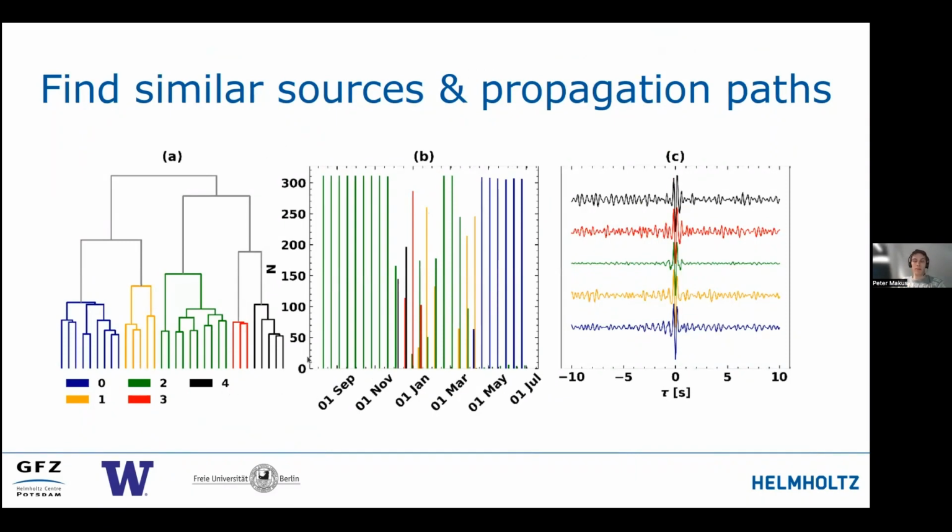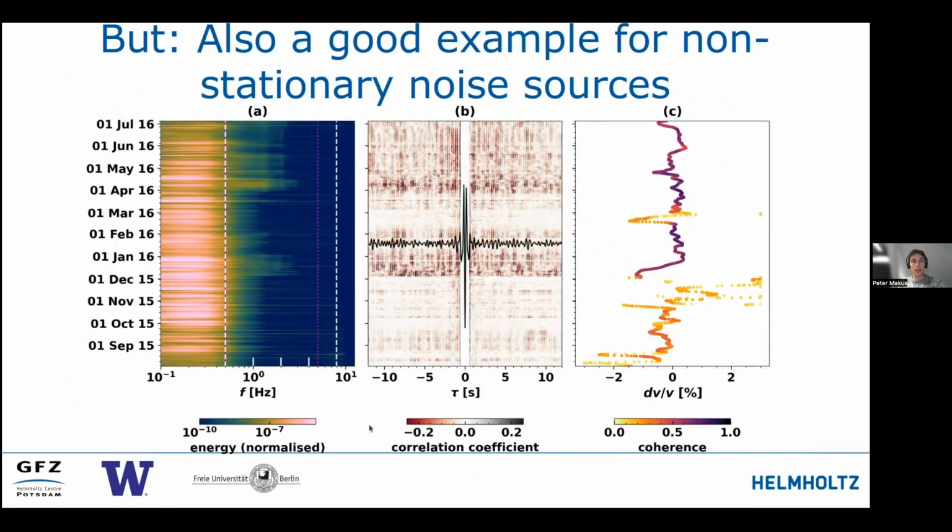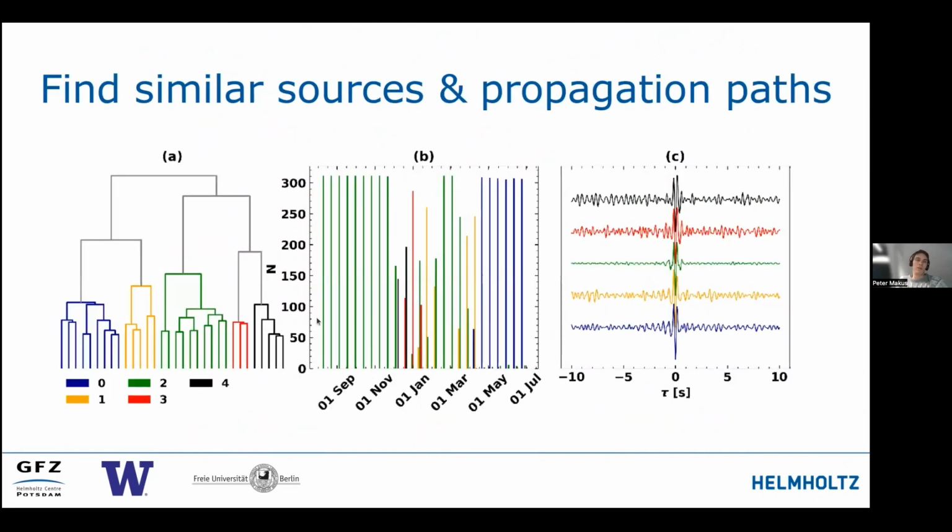So we get, for instance, this green part here, which seems to be one group according to this clustering algorithm. That will be down here. So this is the part where we have fairly little volcanic activity, and it looks kind of similar on the spectrogram. It looks kind of similar on these correlation functions as well. So this seems to check out.